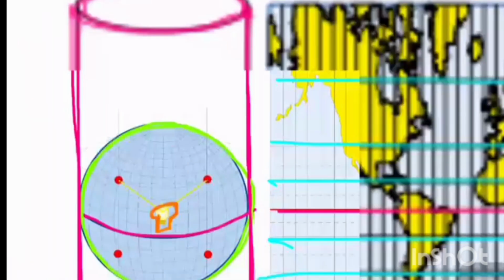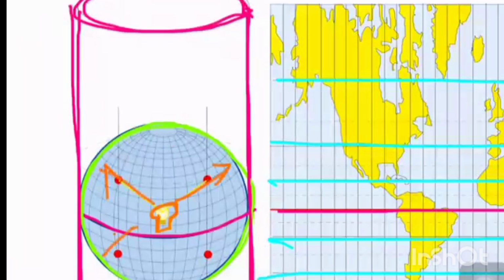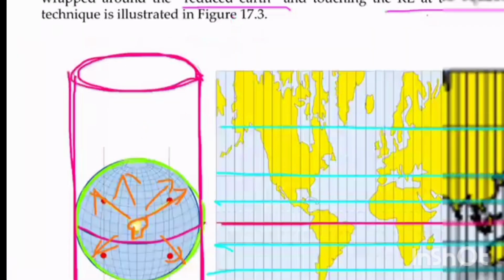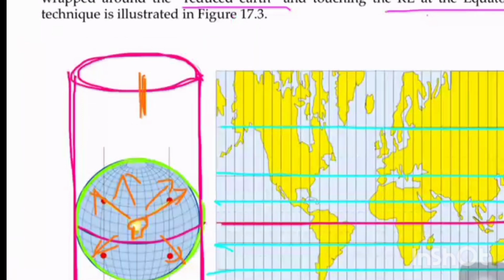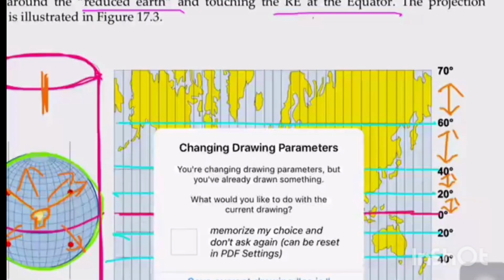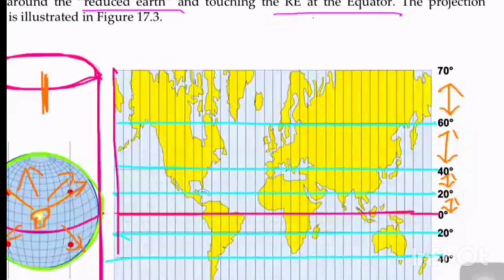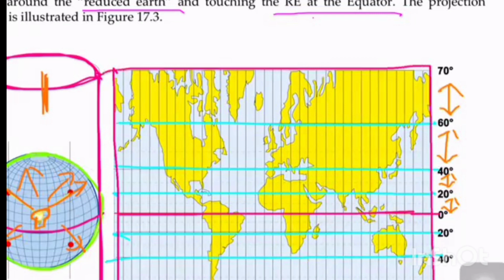What will happen? The light will go like this in all the directions. Now I cut open this paper from here and I'll get a chart like this. This projection is called cylindrical projection.